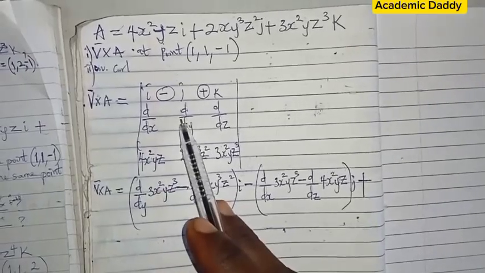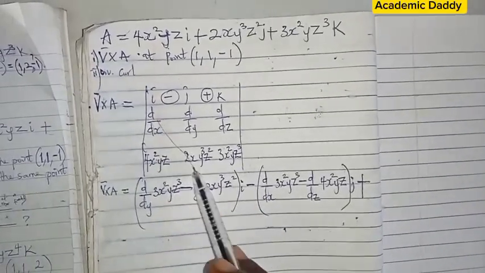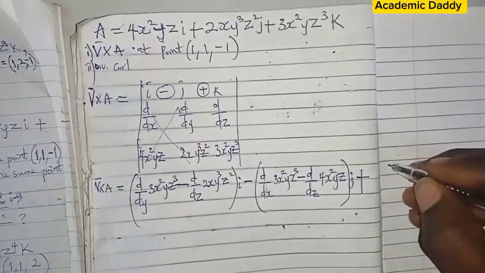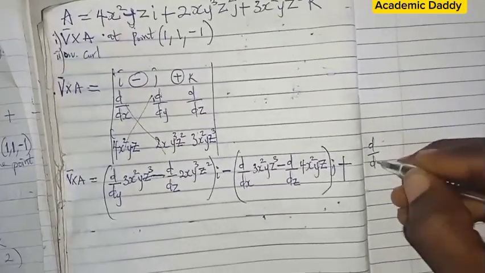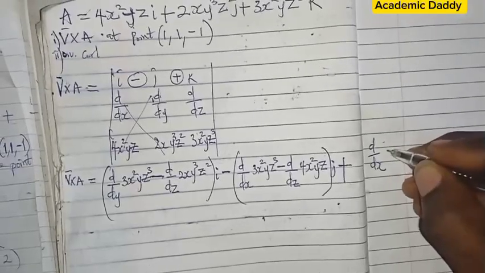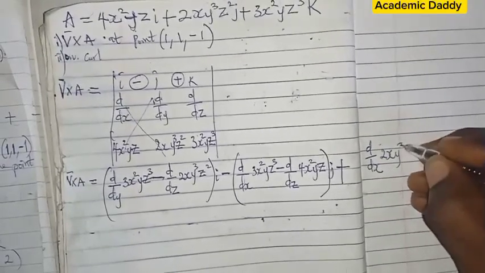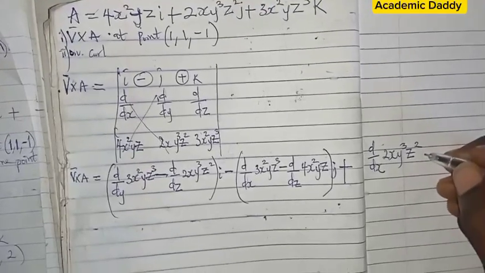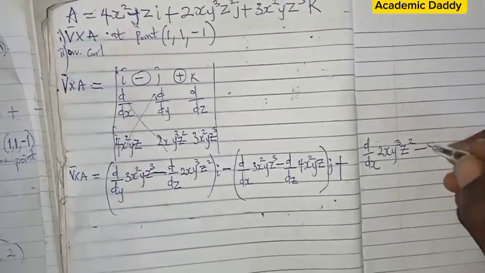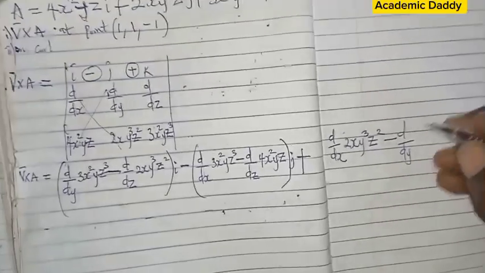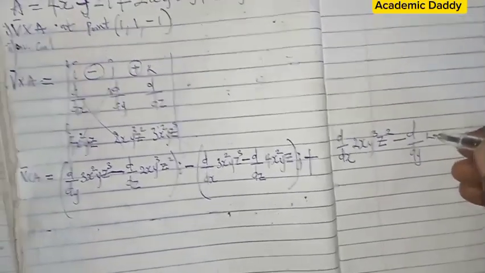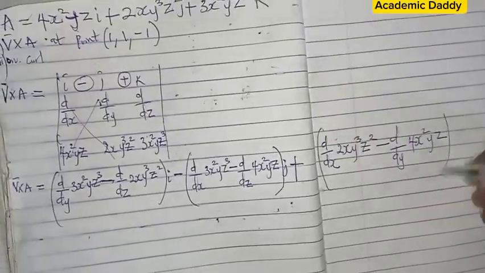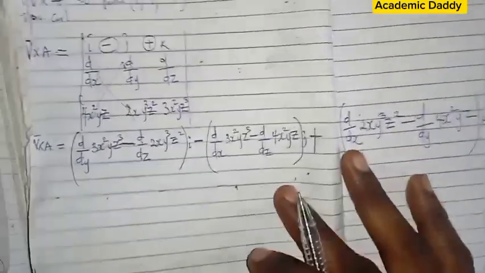Then for k, we'll simply do left, right. We'll cross i and j. Remember how we got it. So we have d over dx times 2xy cubed z squared, then from this is for k.